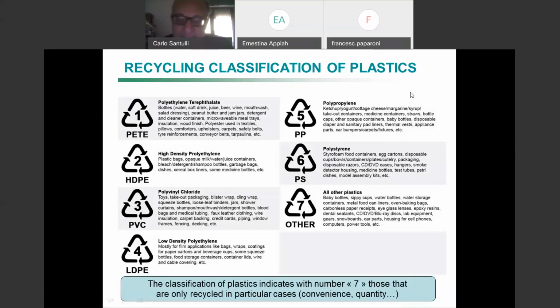And other plastics, so there are the thermosets like epoxy, like the so-called resins, and also some thermoplastics which are used in a limited way, like polymethyl methacrylate and polycarbonate, etc.